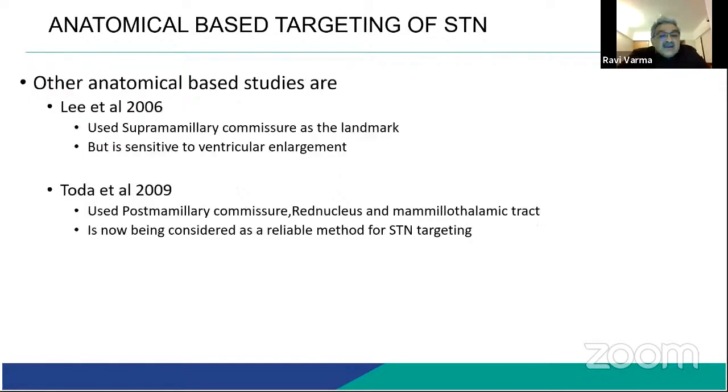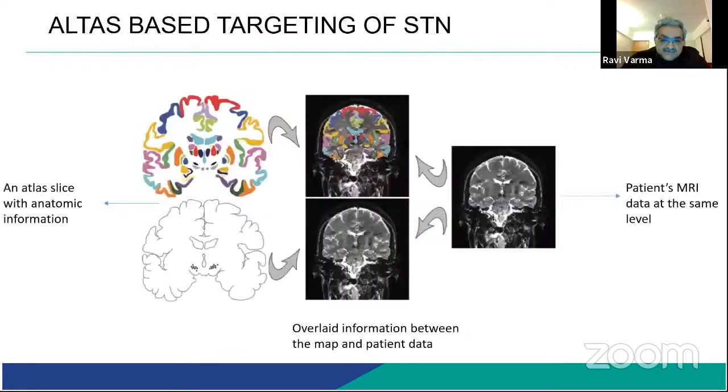In other anatomy-based studies, Lee et al. mentioned the supramammillary commissure as a landmark, but this is very sensitive to ventricular enlargement, and so it sometimes can be wrong when you plan it that way. Todd et al. in 2009 explained how to use the postmammillary commissure, the red nucleus, and the mammillothalamic tract, which are all very clearly seen on MRI. And now this is being considered a very reliable way of targeting the STN.